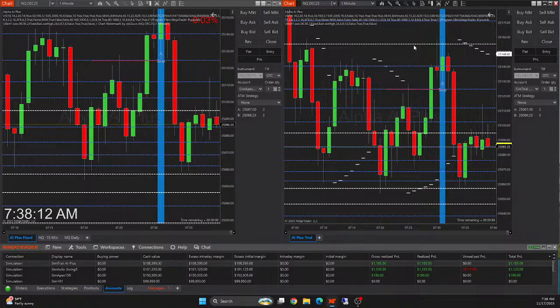Market sitting at 0% now, which means it's touching the pre-market open. That's why there's hesitation now. It's going to go up or down. We'll see.